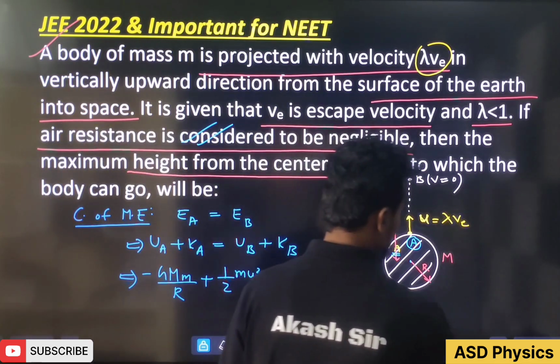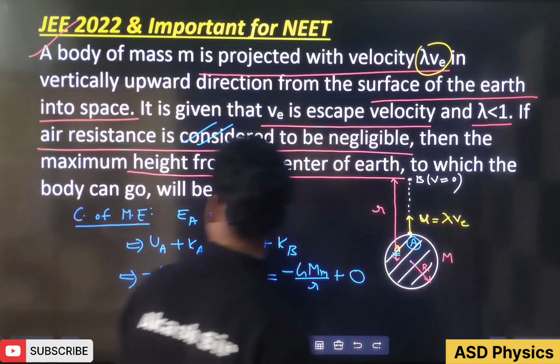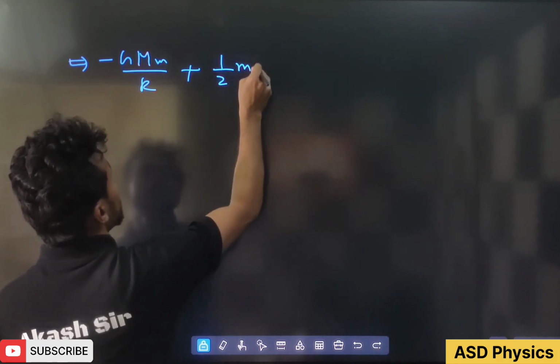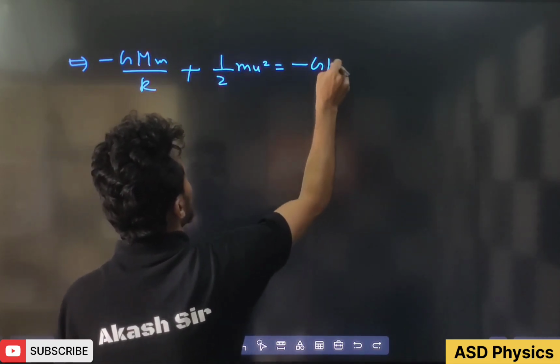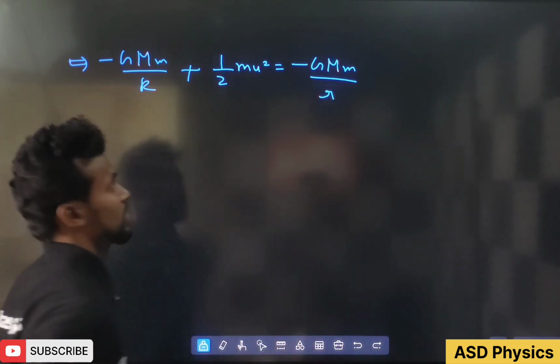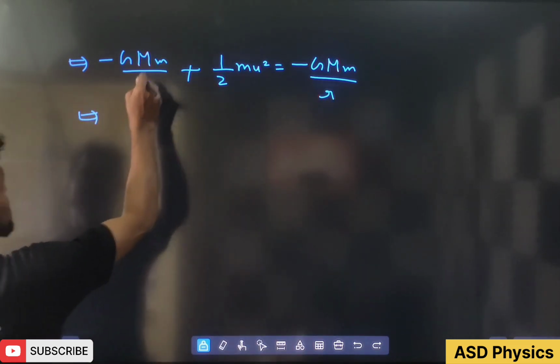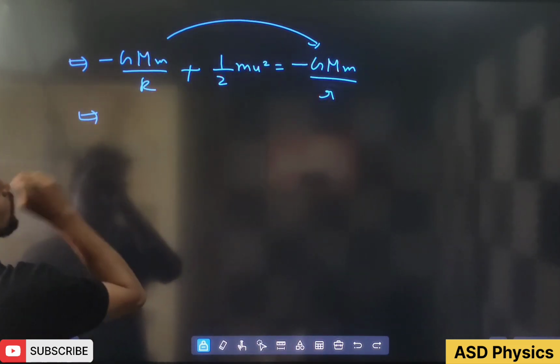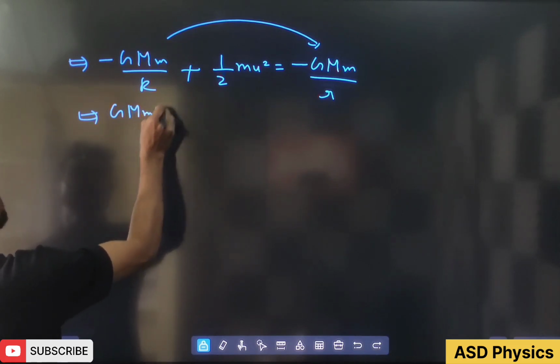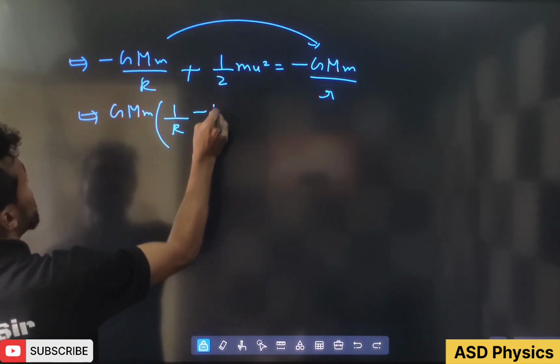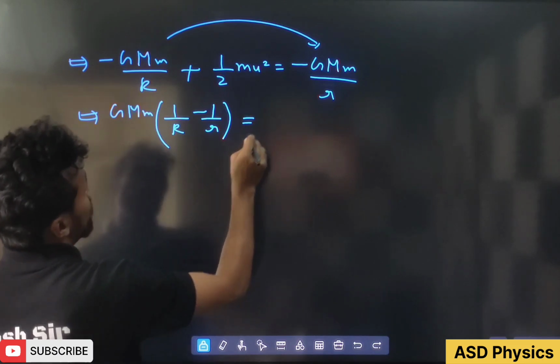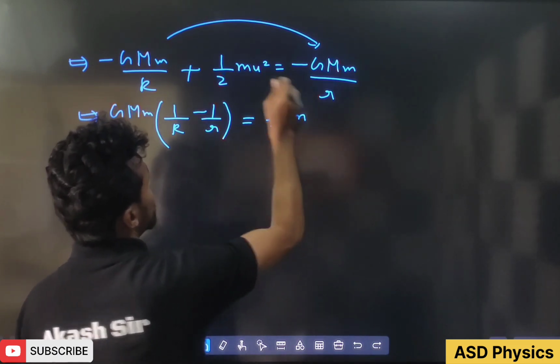Let me move to the next page and write the expression again. Minus G capital M small m by R was the potential, and half m U square is equal to minus G capital M small m by r. I am going to move this to the other side, so this becomes G M m, 1 by capital R minus 1 by small r, is equal to half m U square.